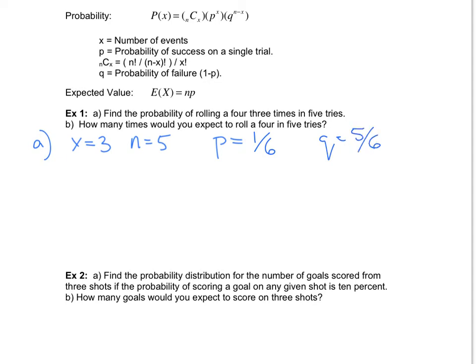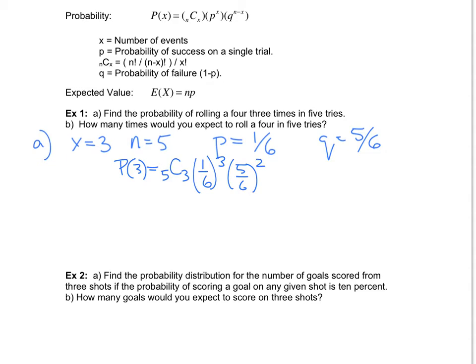Now plugging in those numbers, we get P of x, which is P of 3, 5 choose 3, p is 1/6 to the power of x, which is 3, times q, so 5/6 to the power of n minus x, so 5 minus 3, which is 2.